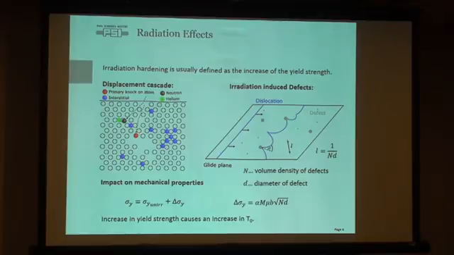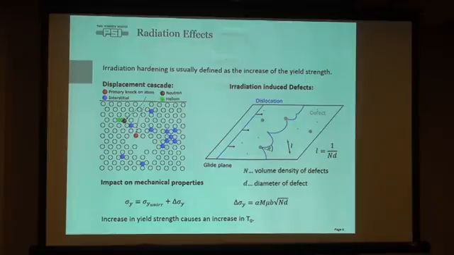Those neutrons displace the atoms from their initial lattice position and create so-called Frenkel pairs. They consist of a vacancy and an interstitial. Most of these defects annihilate, but not all of them. So they will create interstitial clusters and vacancy clusters.